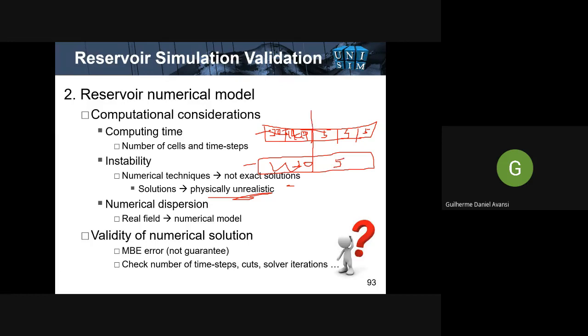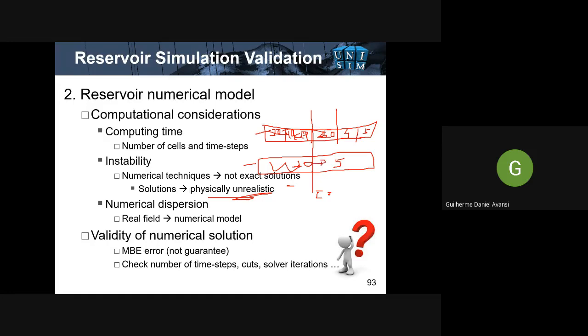If we look at the same instant, the water reached these two grid blocks at the same time, okay. But when we move to the next one, it's no longer 20 and 5; now it's 20, because the water reached this grid block.